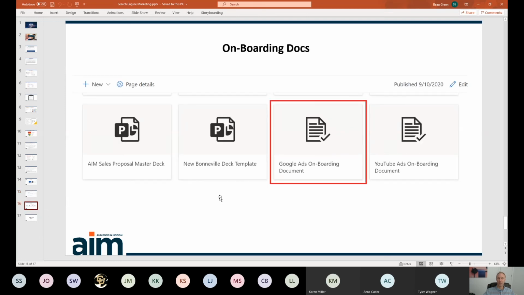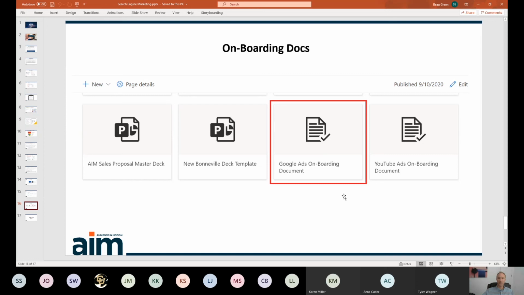If you do have a client that is interested in Google Ads, I recommend you download our Google Ads onboarding doc from the same website. And that does have a lot of good information on what we need from the client to get started with Google Ads.